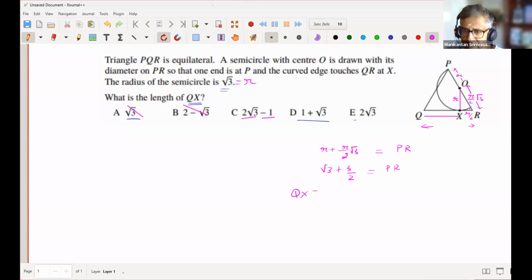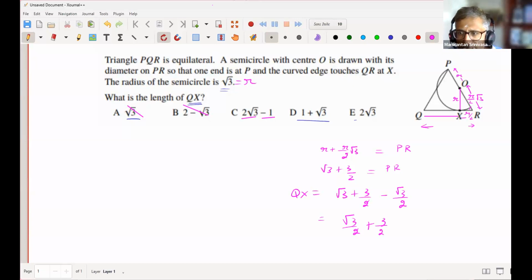So QX is this minus R by 2, and XR is R by 2, which is root 3 by 2. Am I right, guys, or am I doing something wrong? Can someone help me? I'm getting root 3 by 2 plus 3 by 2. That's not the answer, it's not even in the choices. What am I doing wrong?